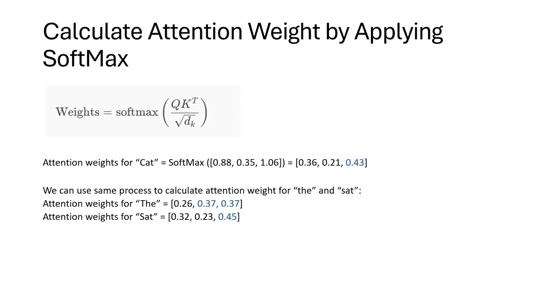That is what you need to understand. So we have calculated the attention weights by applying the softmax function. So we now have attention weights for cat, the, and sat, and we'll go for the next step.